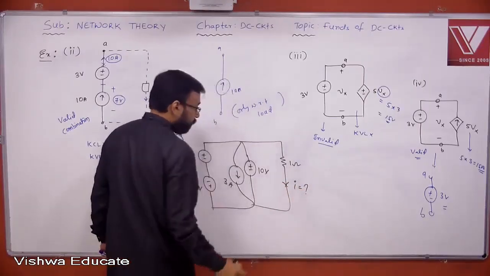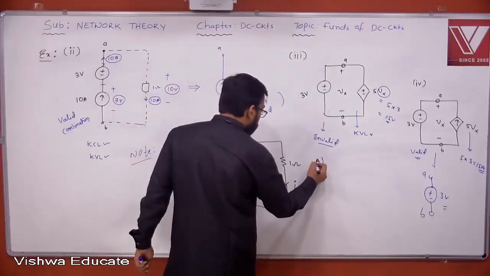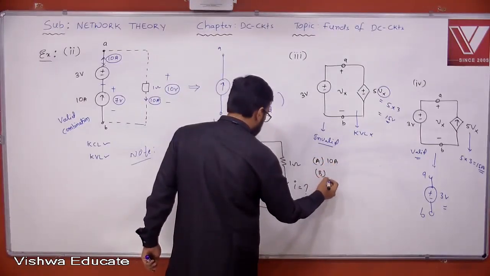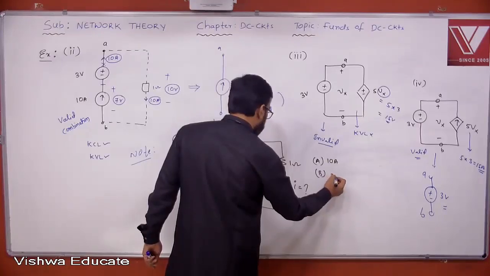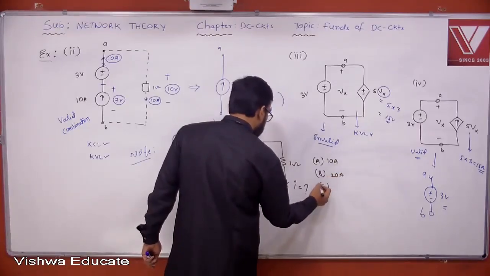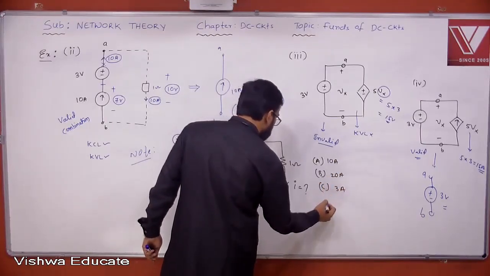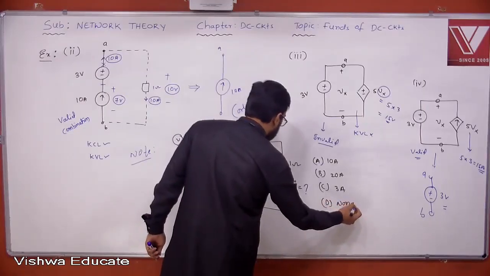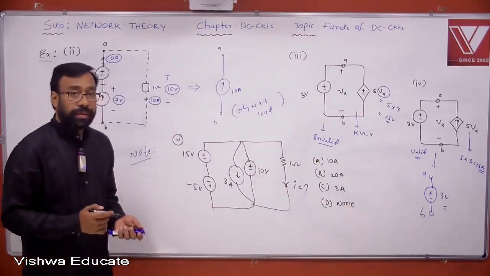What is current I? Option A, 10 amperes, B, 20 amperes, C, 3 amperes, D, none.